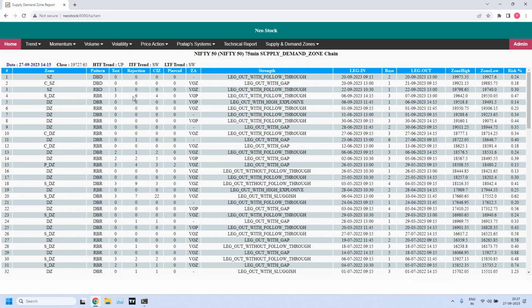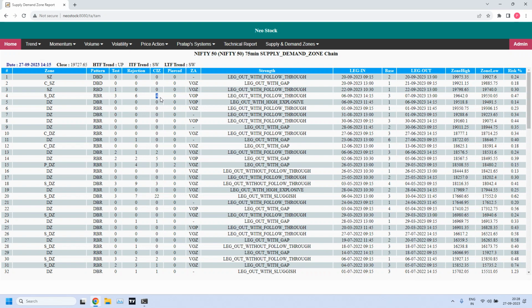The moment the price goes out of the zone after it tested the zone, I consider that a rejection from the zone. And 4 times the price closed inside the zone, but it couldn't break the zone. It couldn't go below the zone.